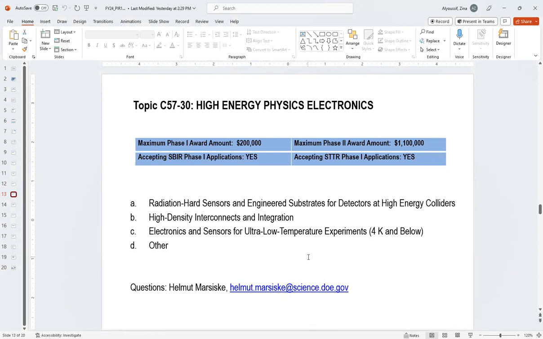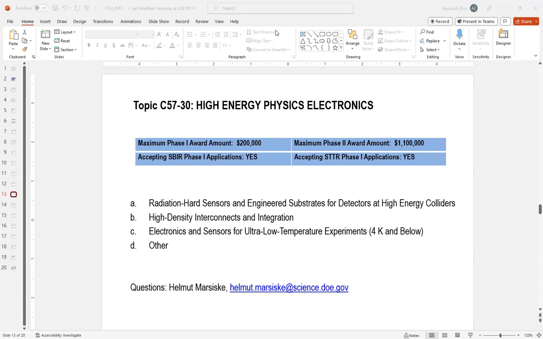So subtopic A, radiation hard sensors and engineered substrates. At our collider experiments, we make heavy use of silicon detectors for particle tracking and vertexing, and also for calorimetry.